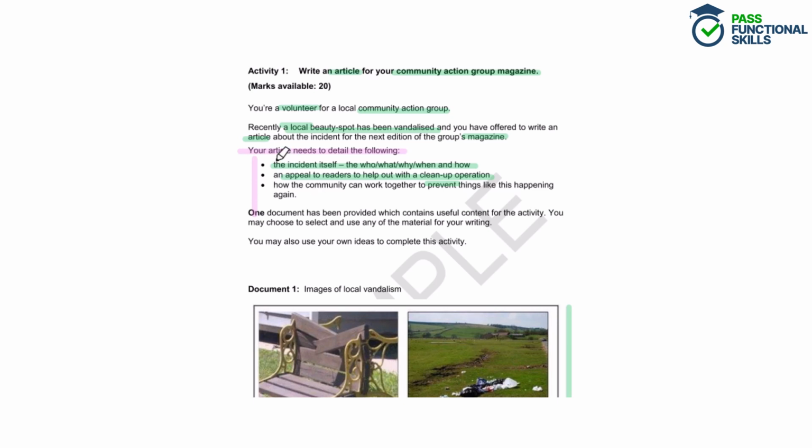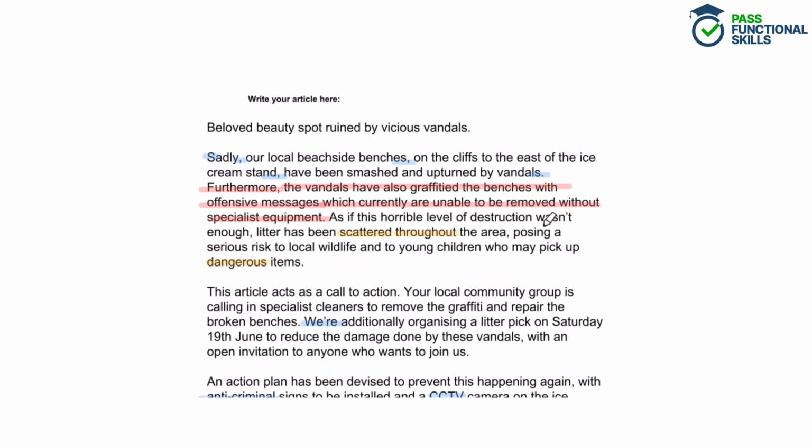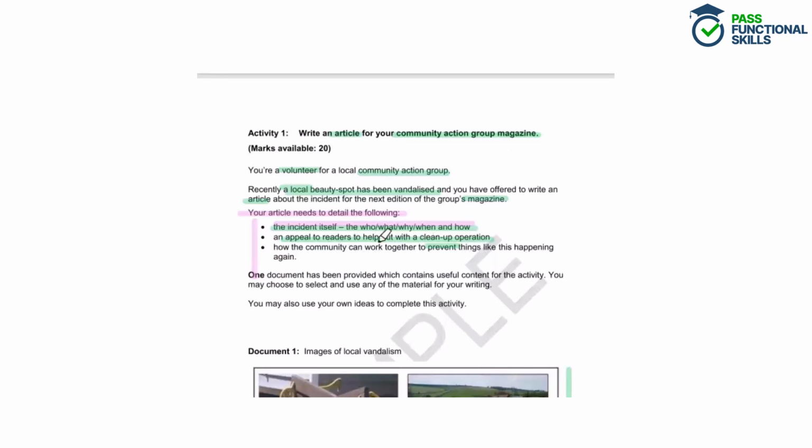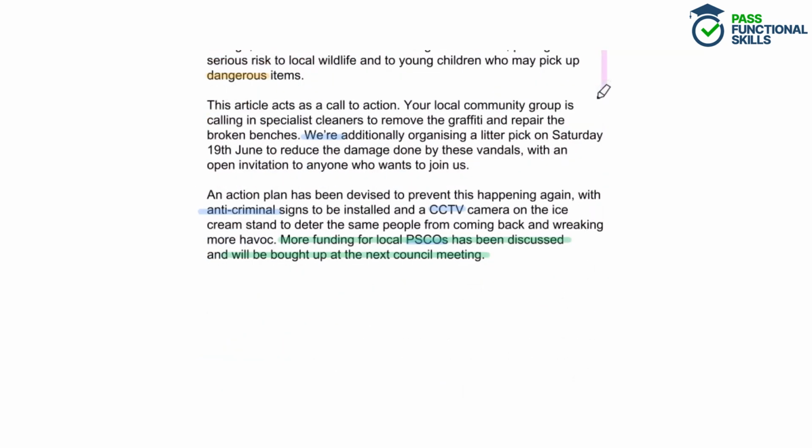So we've got an explanation of the incident. We definitely have that in this first paragraph here. The incident is explained in some detail there. We've got an appeal to readers to help out with a cleanup operation in the second paragraph. And we've included appropriate details about the litter pick, saying that it's on Saturday the 19th of June and it's an open invitation for anyone who wants to join.